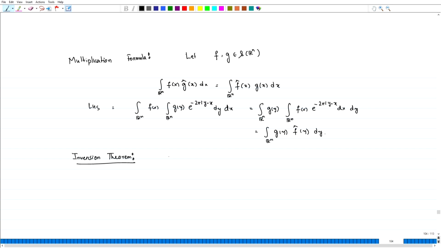This is, if f is in the Schwarz space, then f(x) is equal to the integral over R^n of f hat(xi) e to the power 2 pi i xi dot x d xi. That is what is going to be our inversion formula.